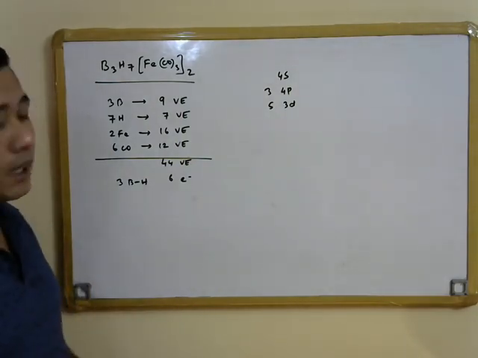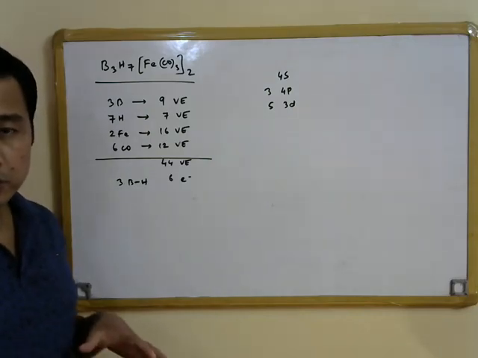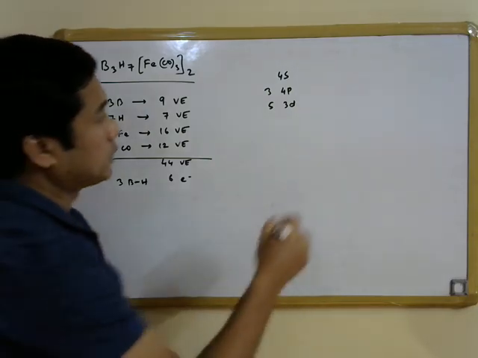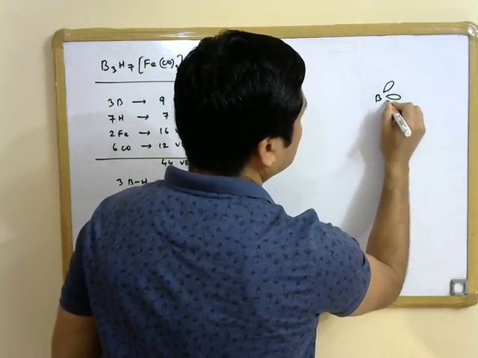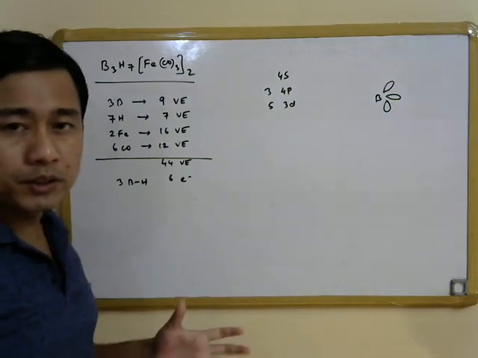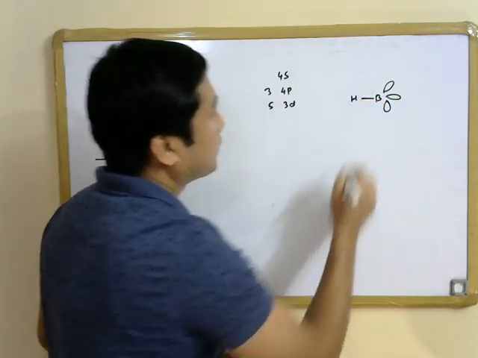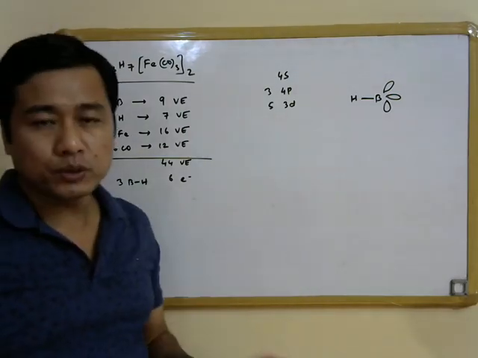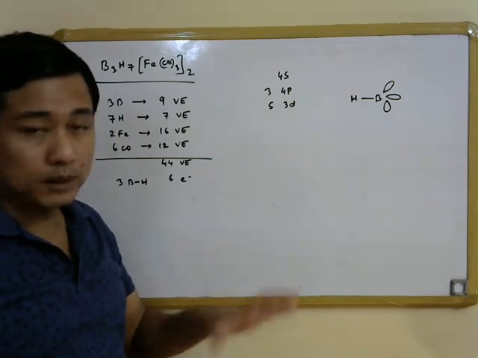Now we have discussed earlier that a boron atom uses 3 of the sp3 hybridized orbitals for skeletal bonding, while 1 of the sp3 hybridized orbitals is used for formation of 2-center 2-electron BH bonds in boron molecules.